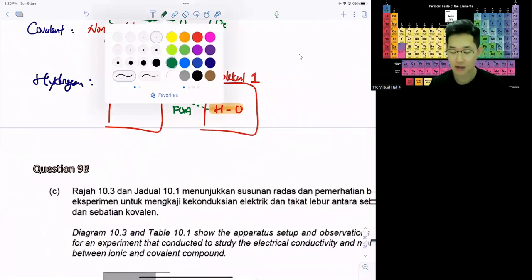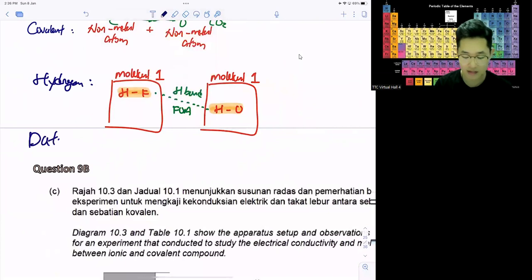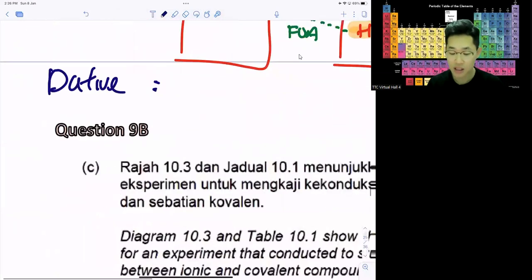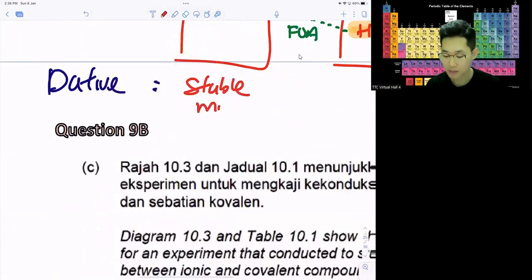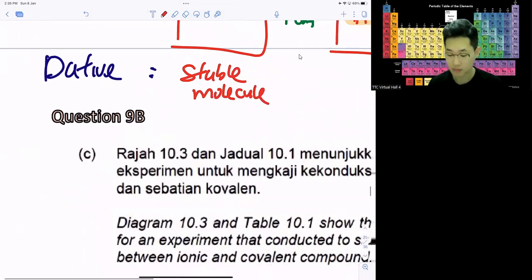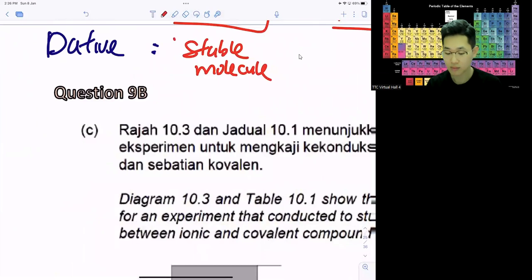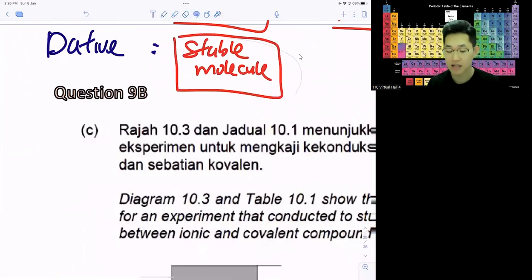Then another one, dative bond. Dative bond is a bond formed between a stable molecule. That means that it's already stable.